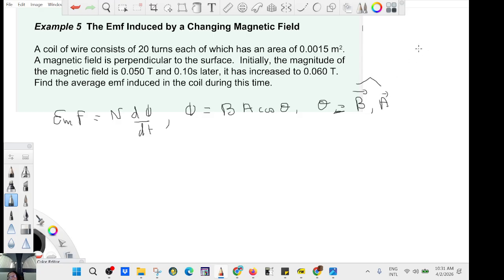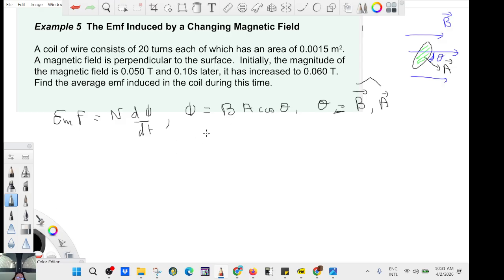Okay, so if you have an area this way, and you have a magnetic field that way, that's going to be theta here. And you have an invisible membrane here. Okay? So do it.